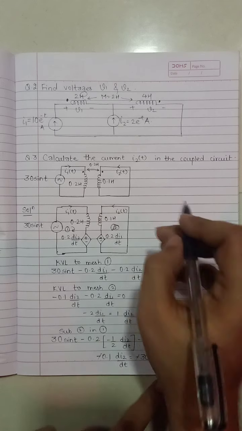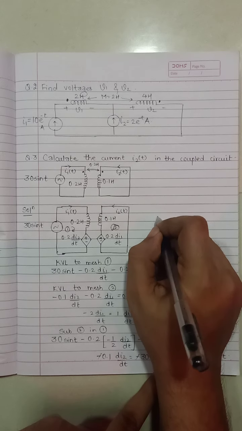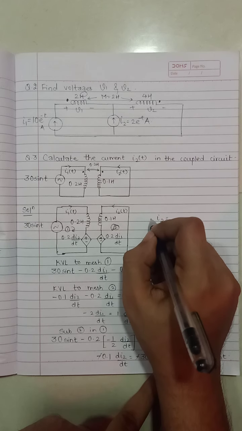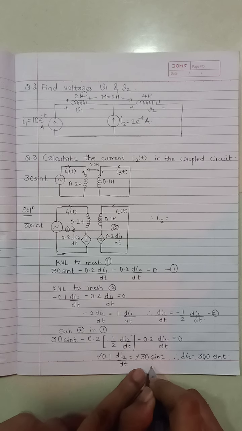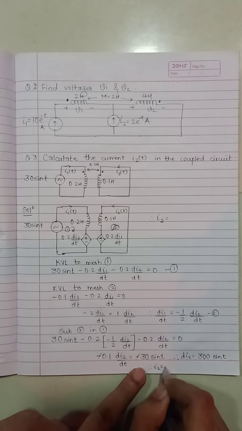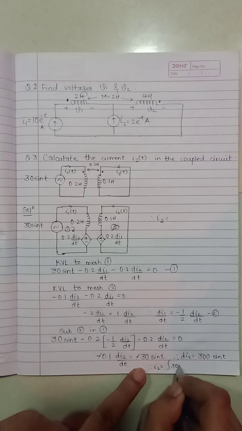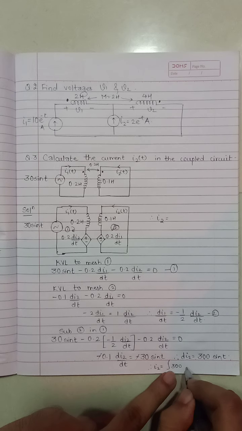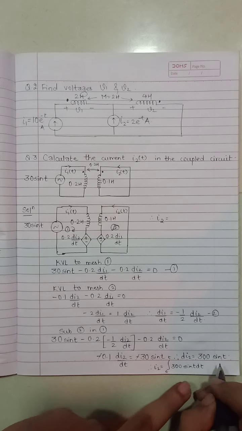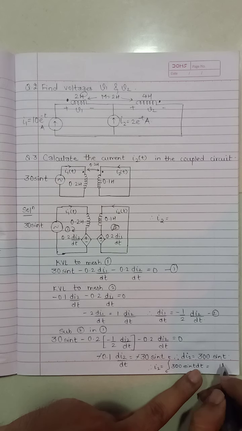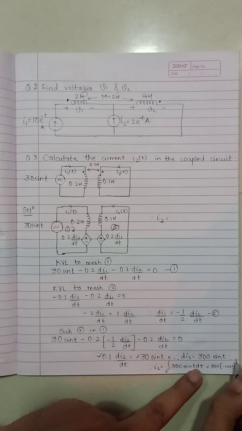So I can find i2 as, first I'll integrate this. I2 is integral of 300 sin t dt from 0 to t. So this will be 300 minus cos t from 0 to t.